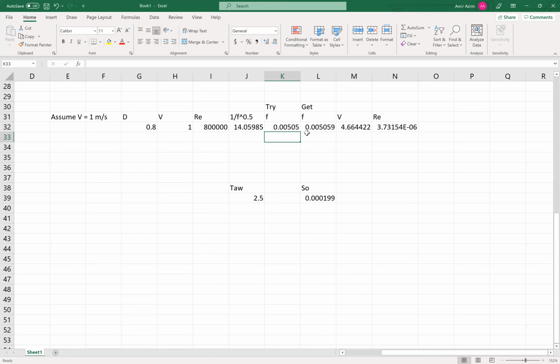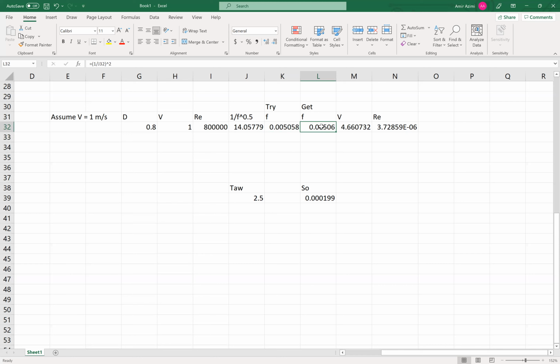You just do trial and error until the trial value is the same as what you get. In this case, we are very close. Maybe if I add another 5 here, it converges. Yes, so you see that we are very, very close.